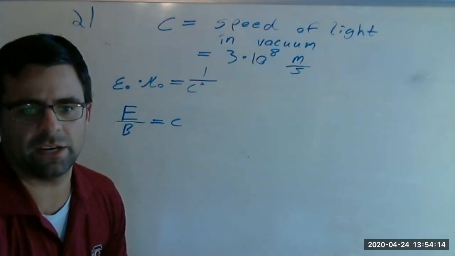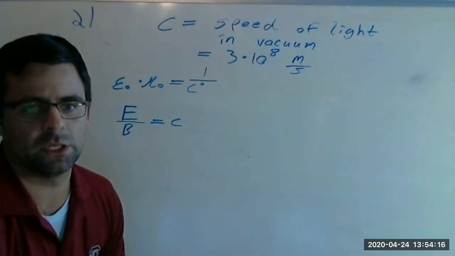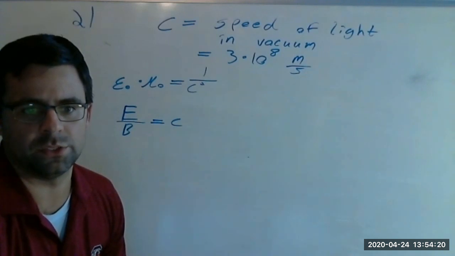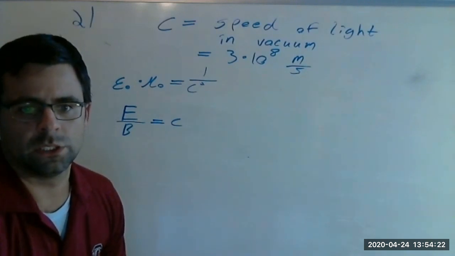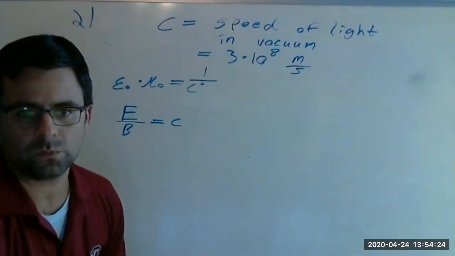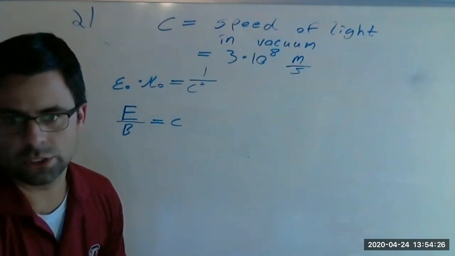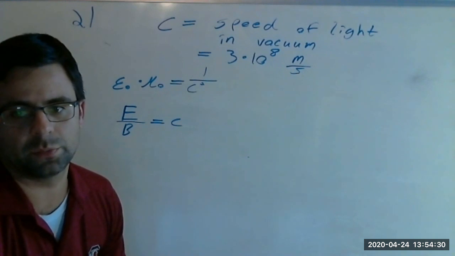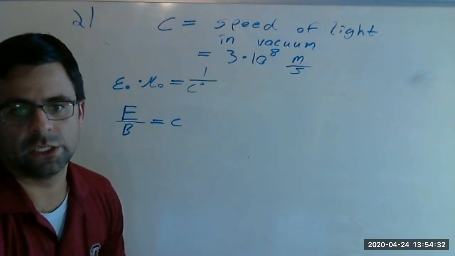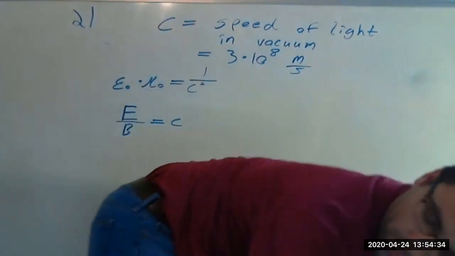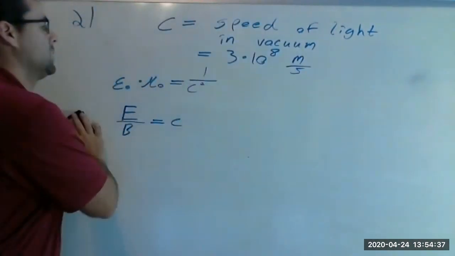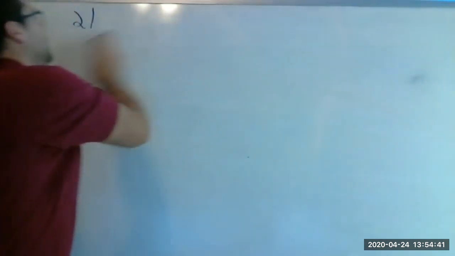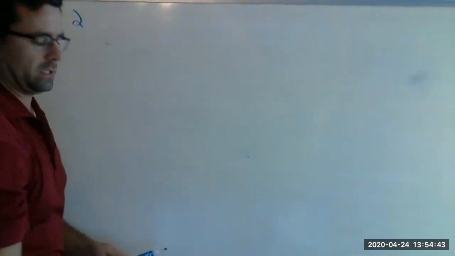I think this was everything we had from 21, and then we went into 22. And math-wise, 22 was pretty straightforward. Like I said, not a whole lot of equations on this test.